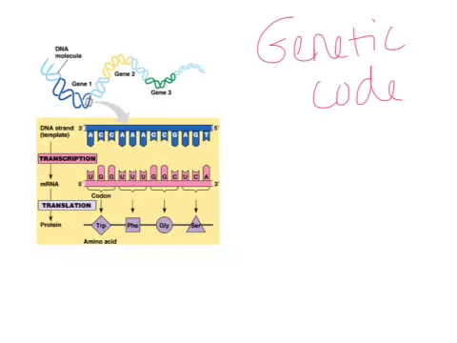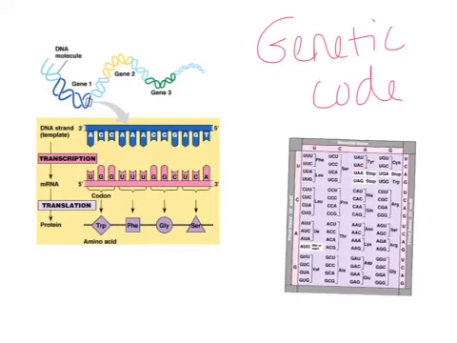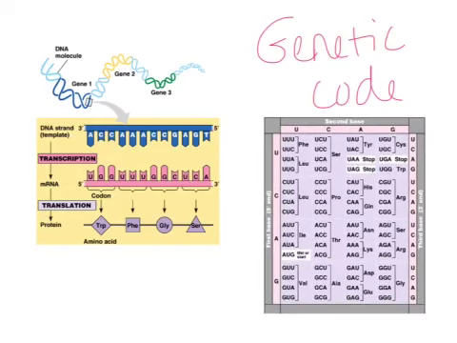Let's do a little genetic code review. Remember, the genetic code is redundant. There's more than one code for a lot of the amino acids that are out there. Remember your codon chart, where you would see multiple codes for the same amino acids.